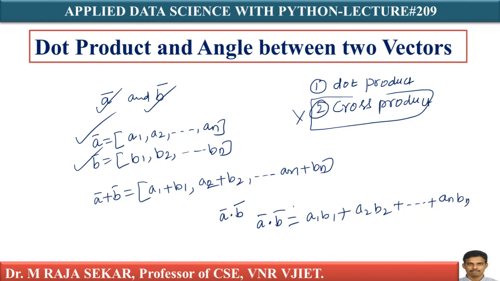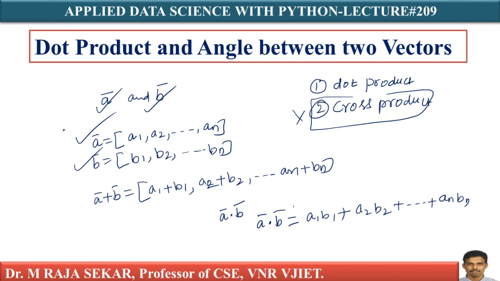A1 is multiplied with B1, plus A2 is multiplied with B2, plus A3 is multiplied with B3, and so forth, An is multiplied by Bn.